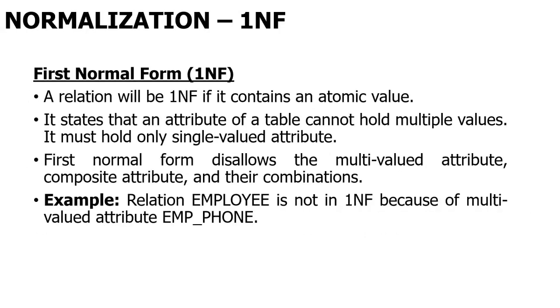Now I am coming to the first normal form. The first normal form should have atomic values. Atomic value means none of the attributes should have multiple values. All the attributes should have only a single value, so multi-valued attributes are not allowed in the first normal form.